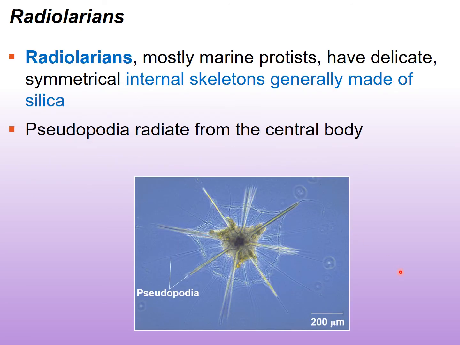The radiolarians, these are the ones that have the thread-like pseudopodia, so they're not lobe-like pseudopodia. They have internal skeletons that are made out of silica. Okay, so these are some key characteristics of the radiolarians. Now, the pseudopodia are actually reinforced by microtubules that radiate from the central part of the body.